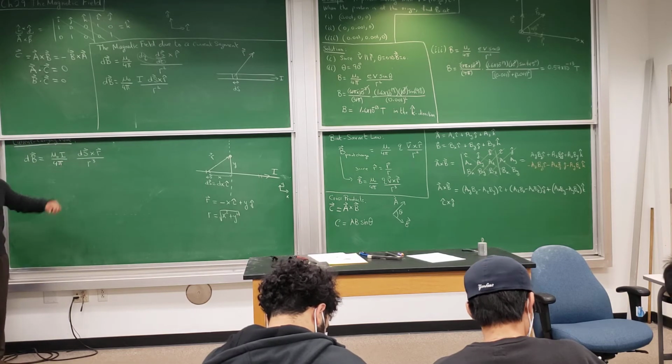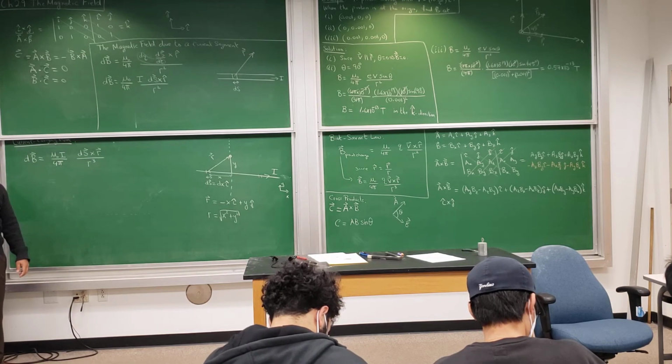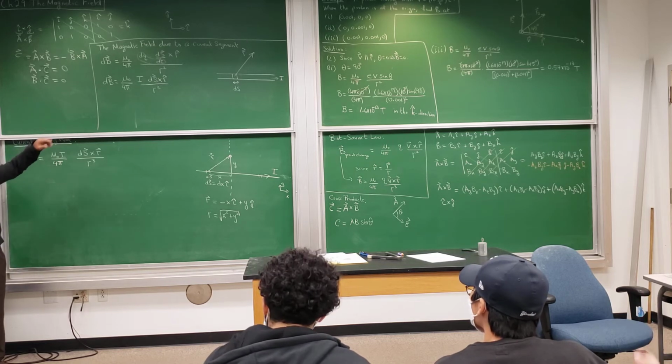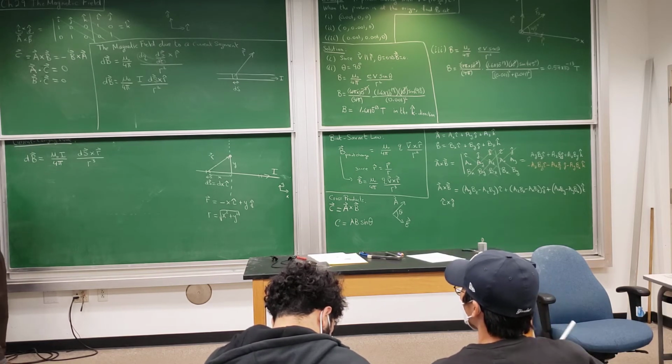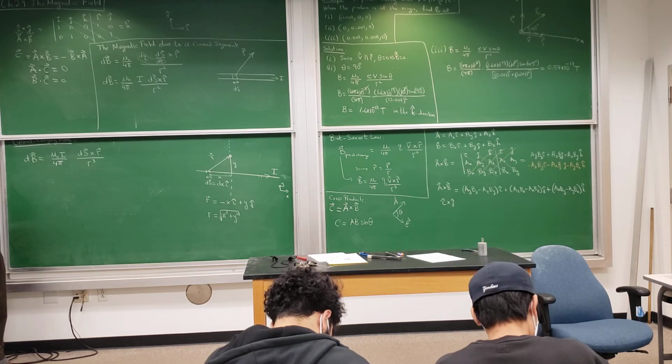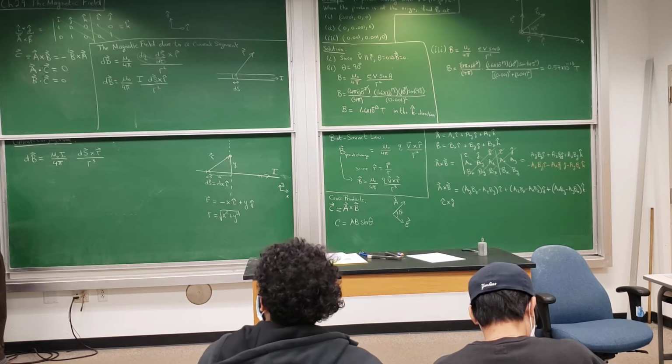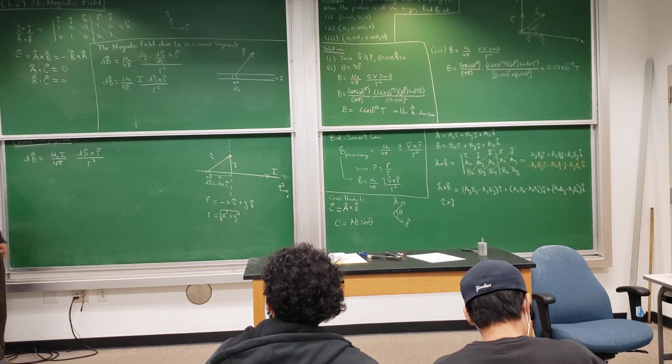Where did I get this from? Now it has r squared, but it was r cubed. Good, yes. The unit vector r hat is just the vector r divided by the magnitude of r, just like what we did earlier, right? So that's where this one is.